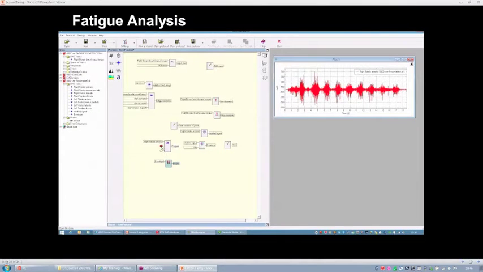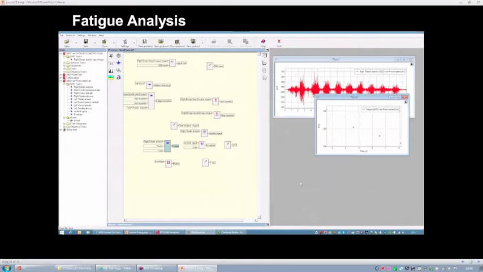Okay, so the second input will be the sequence of the events. And now again, I have to define the duration of the time window for the computation of the median frequency of this power spectrum. I'm going to use 1 second. And so this is the result.